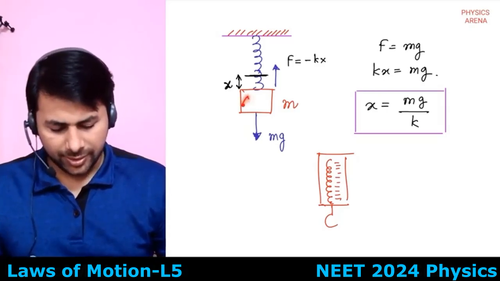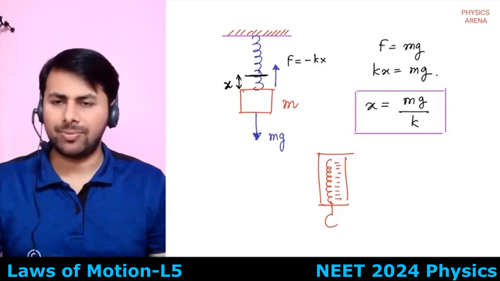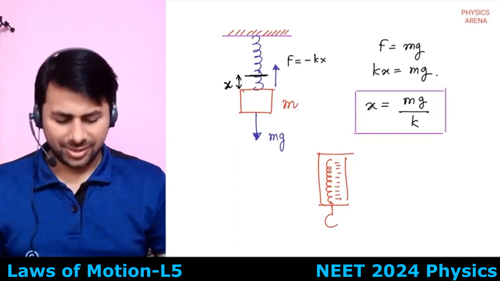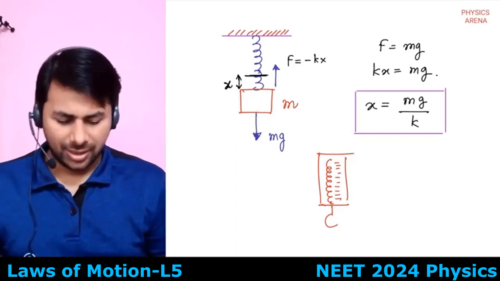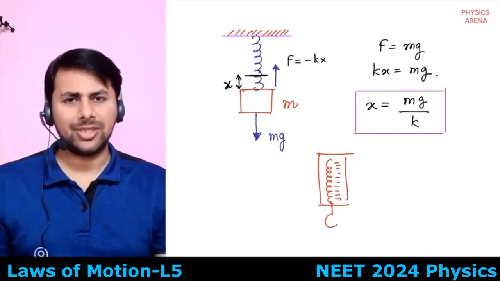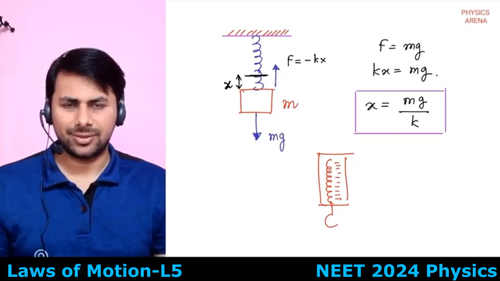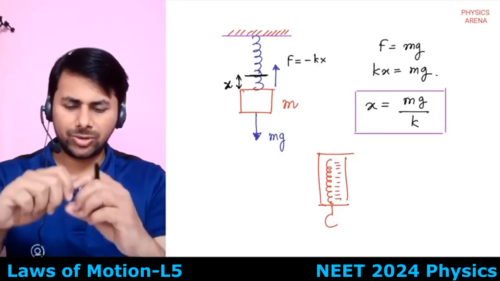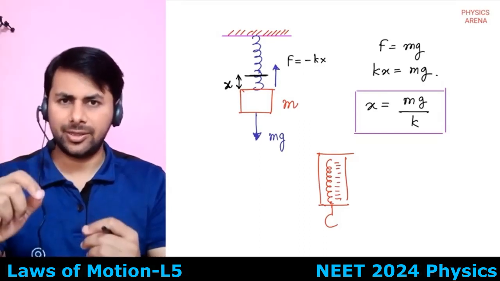So here at equilibrium, what will happen? The two forces will be balanced. The downward force is equal to mg. The upward force is equal to how much? It's k times x, right? It's the spring force. So how much would be the extension in the spring?